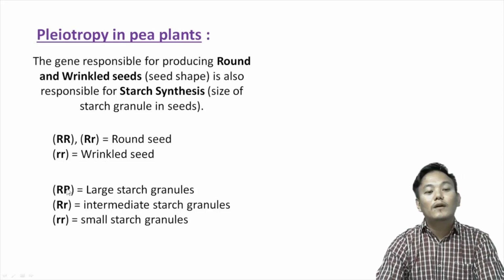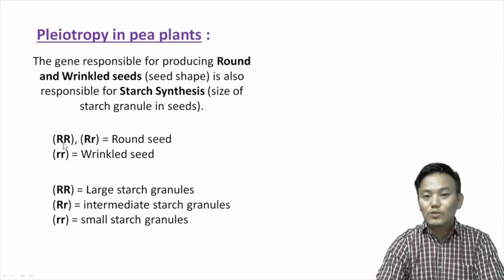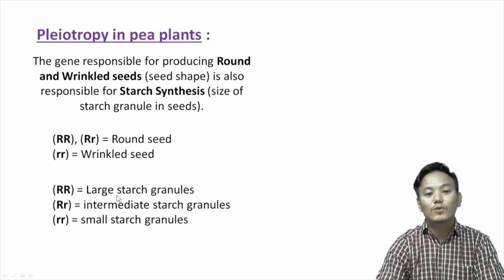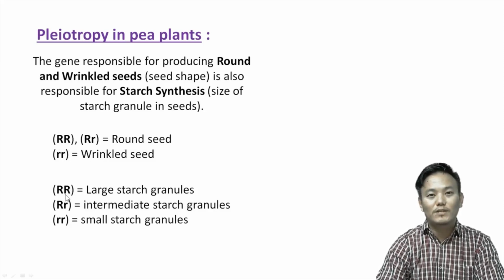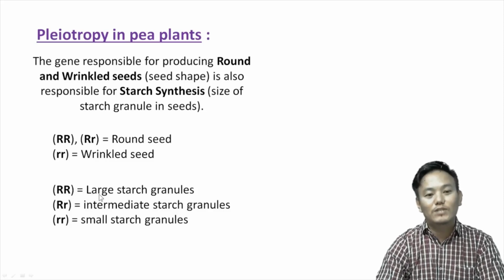But what this gene, the gene R, does is, apart from controlling the seed shape, it also controls the starch granule size. If an individual has the homozygous dominant genotype, that plant will produce seeds with large starch granules.